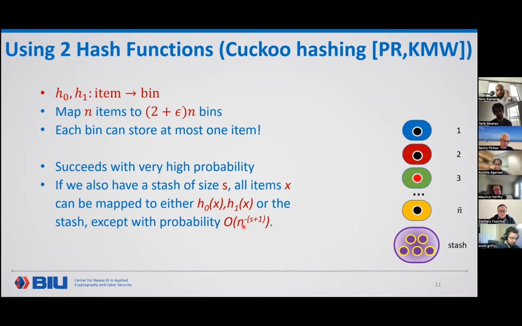It fails only with probability like n to the minus (s plus 1), which for s equals 2 is cubic in n, which is great. Like if n is 1,000,000, it fails with probability 2 to the minus 60.